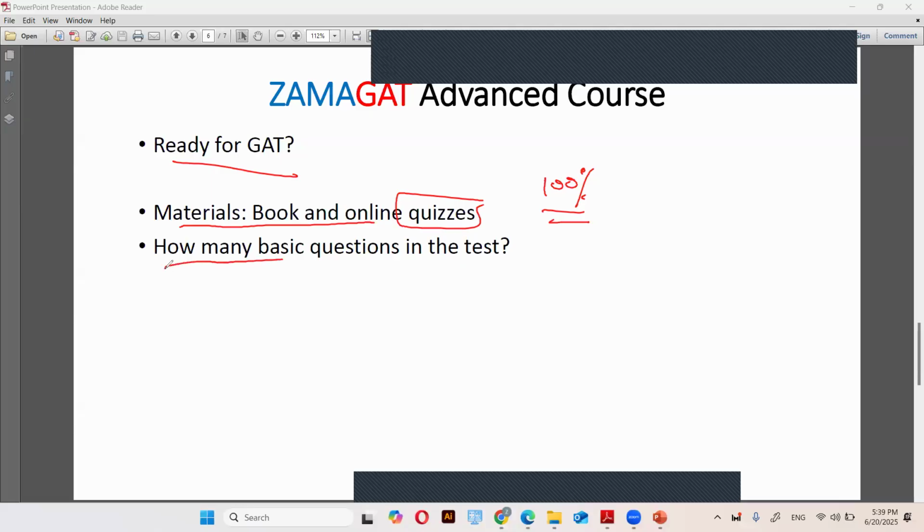So how many basic questions are in the test? Again, I'm going to say it. I did ask this question in the basic course. Now I'm going to ask it: are you ready for the exam? And how many questions are in the test? Basic questions, really, I don't know. Maybe 50% of your exam depends on the basic questions. So did you study the basic course with us? Please revise it.